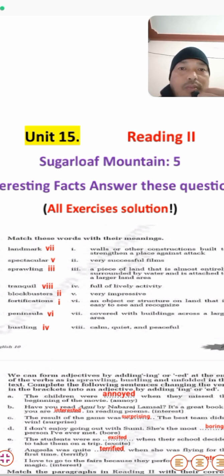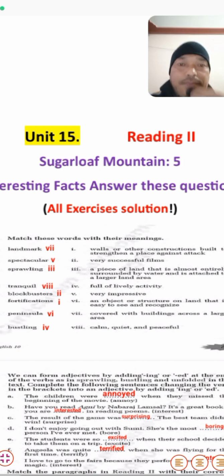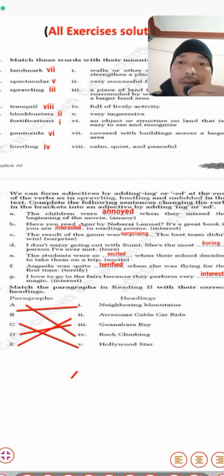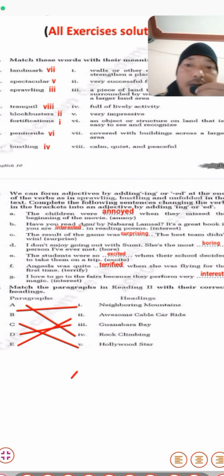Now move to exercise number B. We can form adjectives by adding ing or ed at the end of the verb, as in sprawling, bustling, and unfolded in the text. Complete the following sentences, changing the verb in the bracket into an adjective by adding ing or ed.